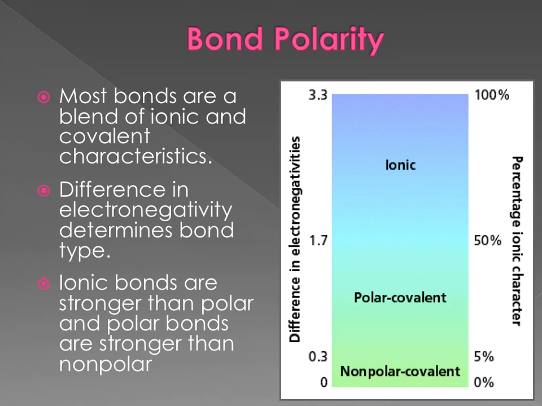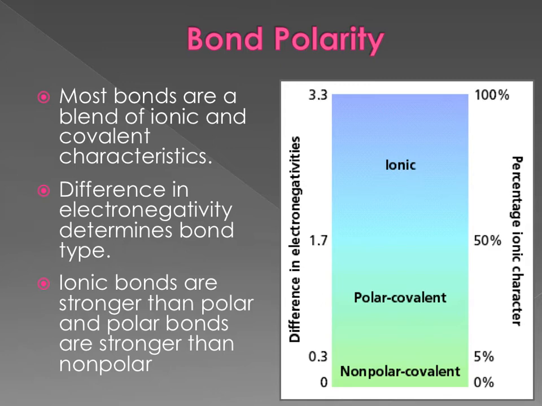Up until now, we've been talking about whether the molecule itself is polar or nonpolar. We can also look at the bonds, what's going on within the molecule itself. Most bonds are a blend of ionic and covalent characteristics.